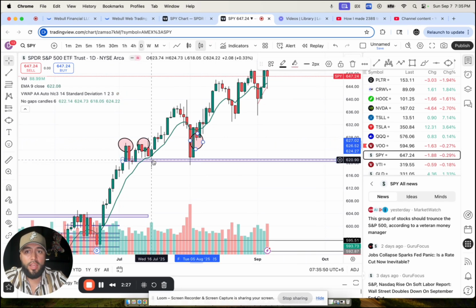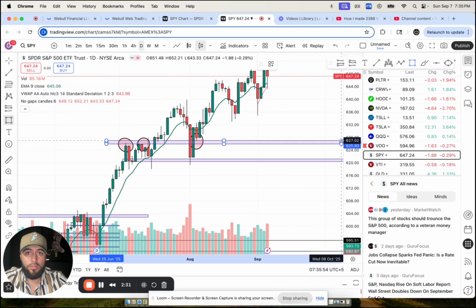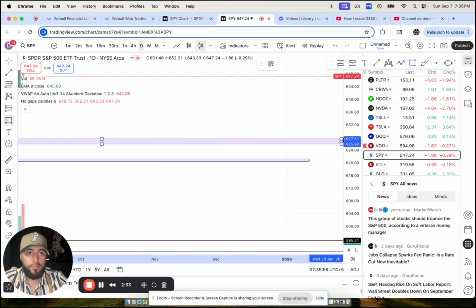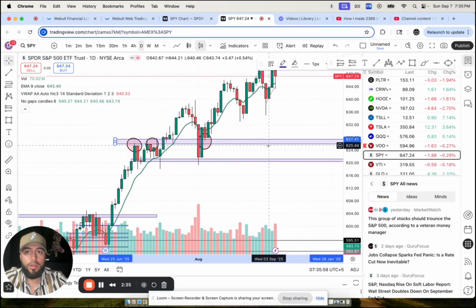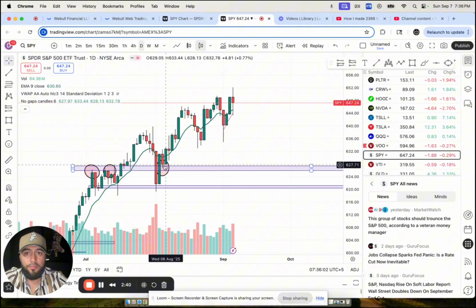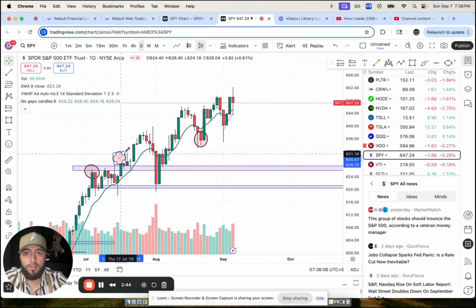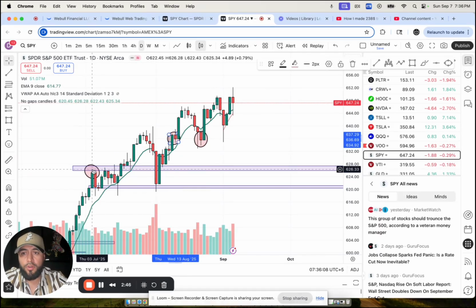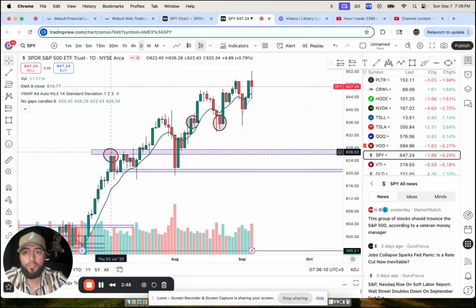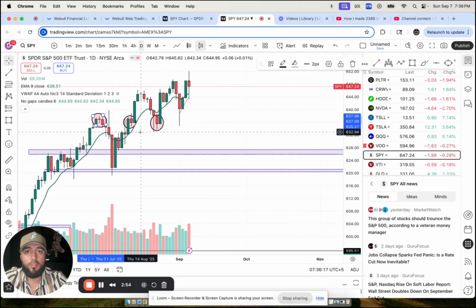So we can drag another box in that zone, just drag it all the way across. Where else? We have another reaction here, right? Another reaction here. We're looking for a minimum of 3 touches for it to be a psych level, for it to be an area of interest.